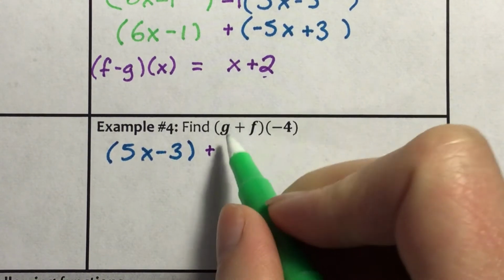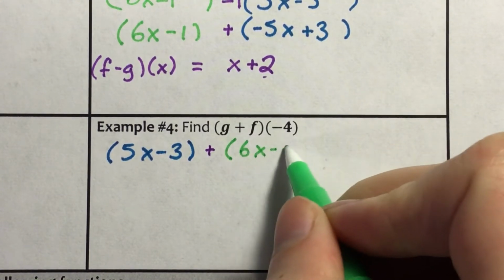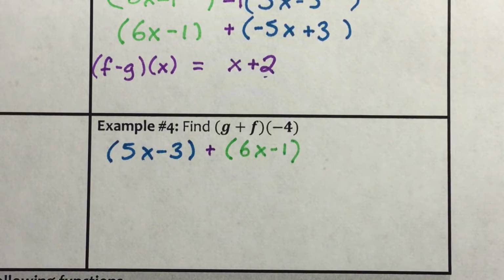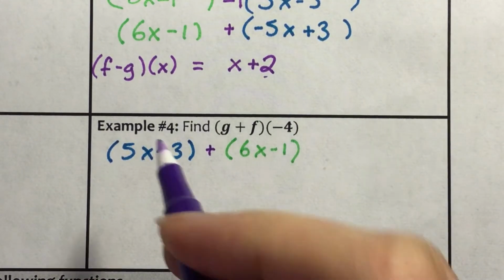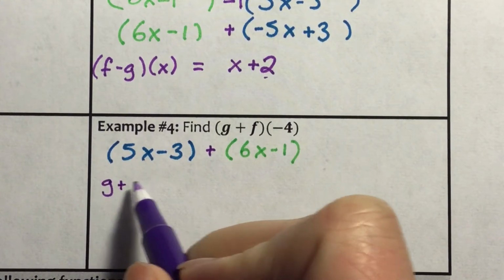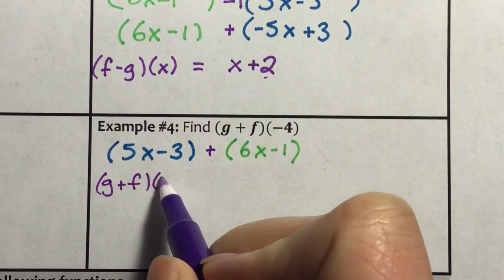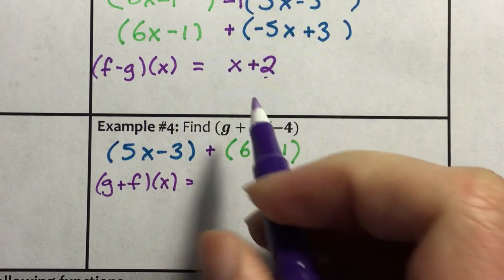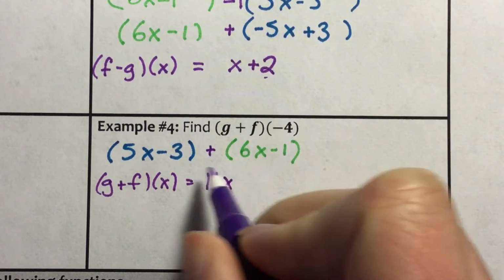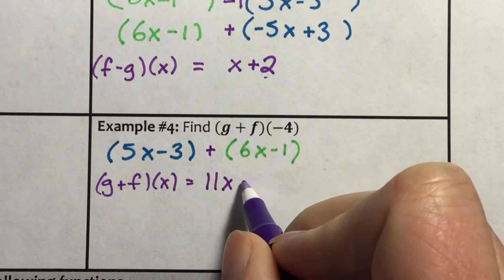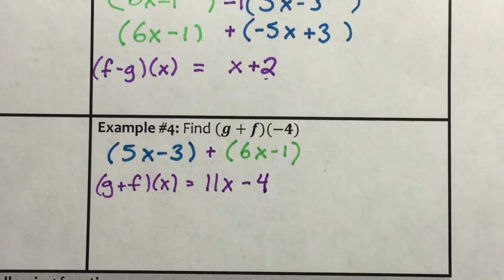And then f is 6x minus 1. So we're first finding g plus f of x. Combine those together. So g plus f of x equals 5x plus 6x is 11x. -3 plus -1 is -4.